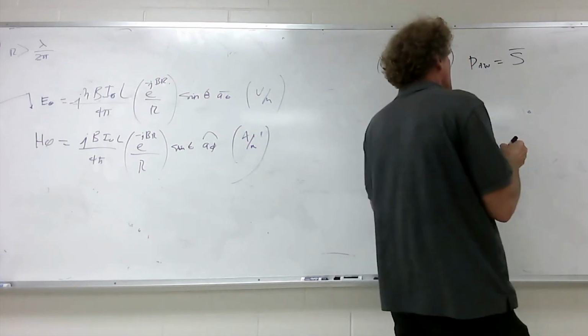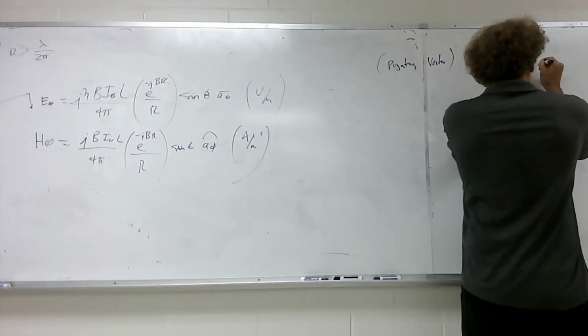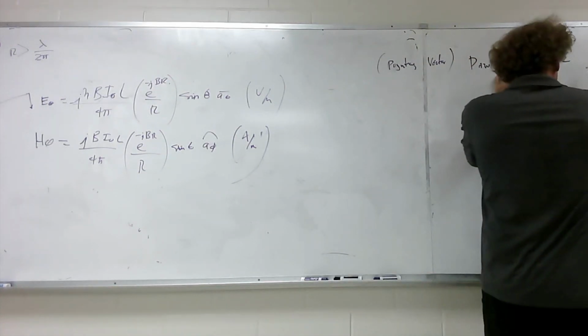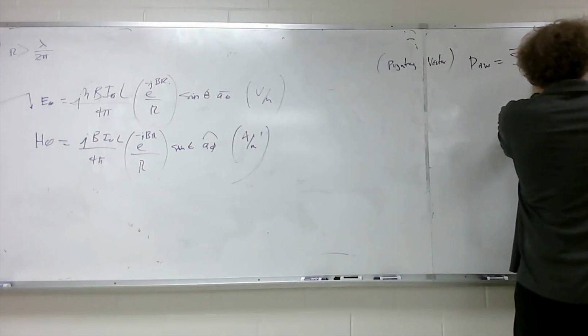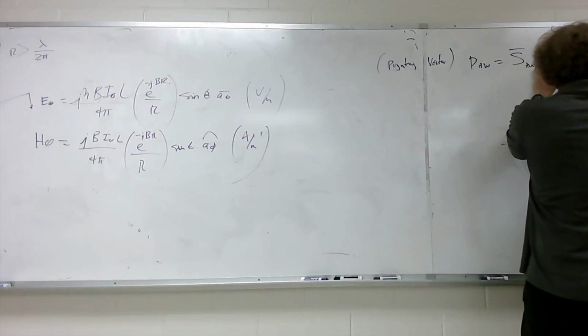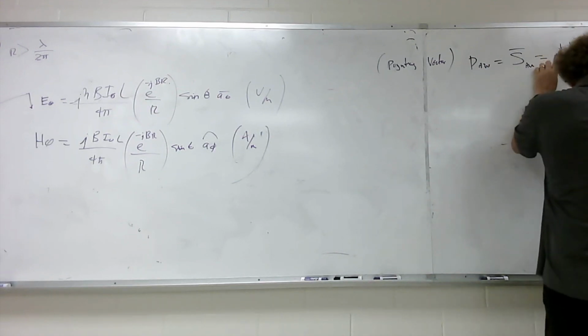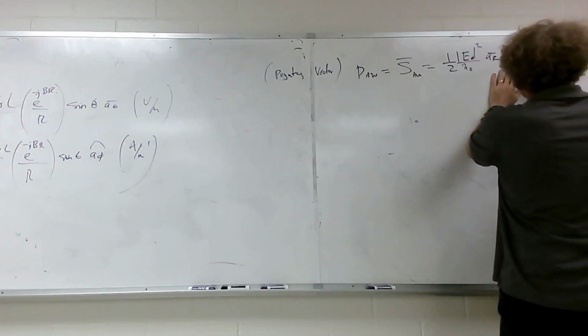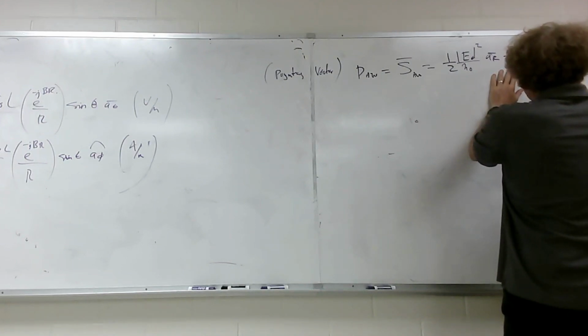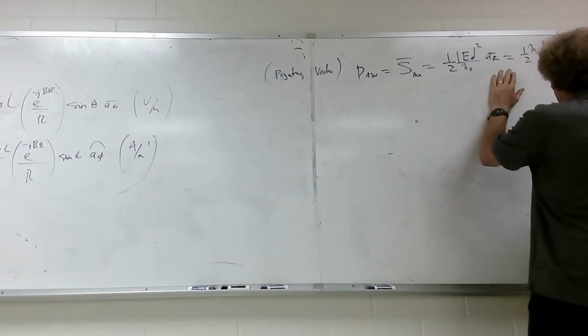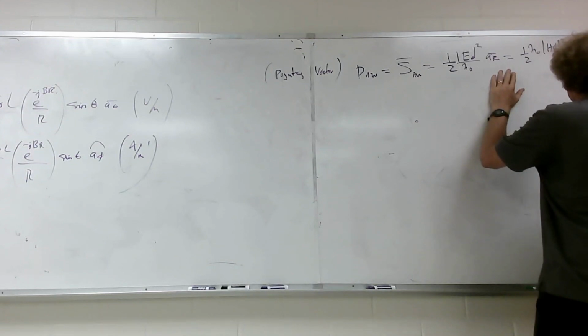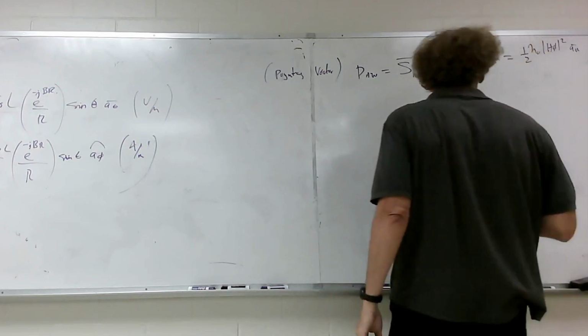This is S average, the average power density, given as 1/2, and you can do it as the magnitude of E theta squared over eta naught in the a R direction, or you can give it this way. Either one is acceptable. 1/2 eta naught times the magnitude of the H field in the phi direction squared in the a R. The units will be watts per meter squared. Either one of those two works.